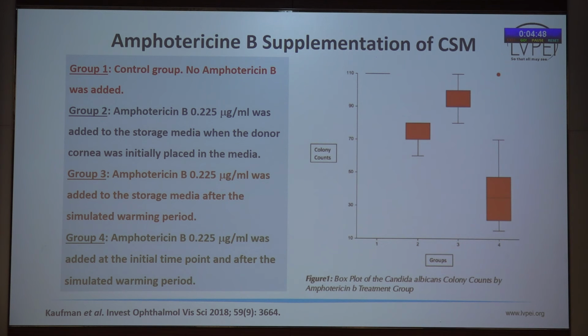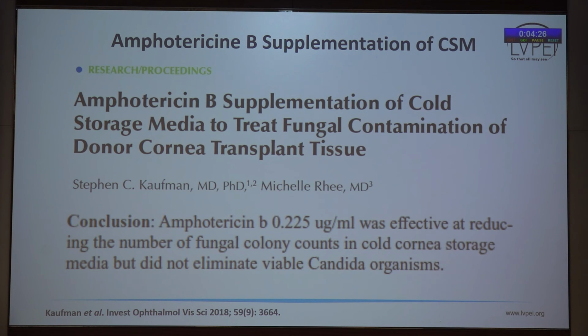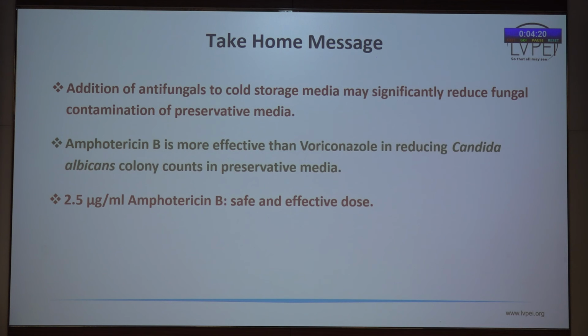In the second group, they simulated a situation where it is dissected, so when they prepared the dissected lenticule, they added it a second time. The third group got it twice, when they collected as well as when they prepared. One group got nothing, one group got it only at collection. Finally, the conclusion was that where you have added twice, the efficacy is more. So 0.225 microgram is effective, and we add it twice.